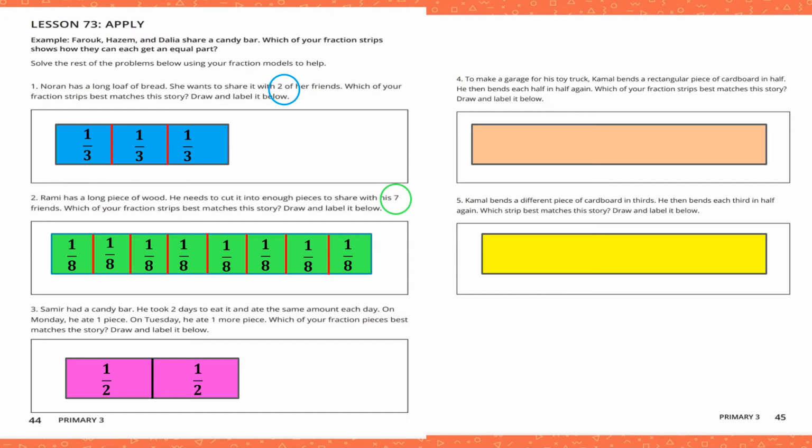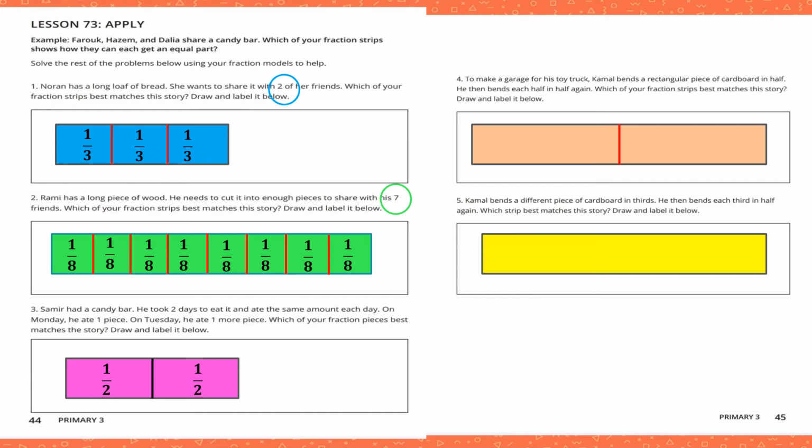Question number 4. To make a garage for his toy truck, Kamal bends a rectangular piece of cardboard in half. Okay, so he cut this rectangular piece into half. Half and half, 2 halves.